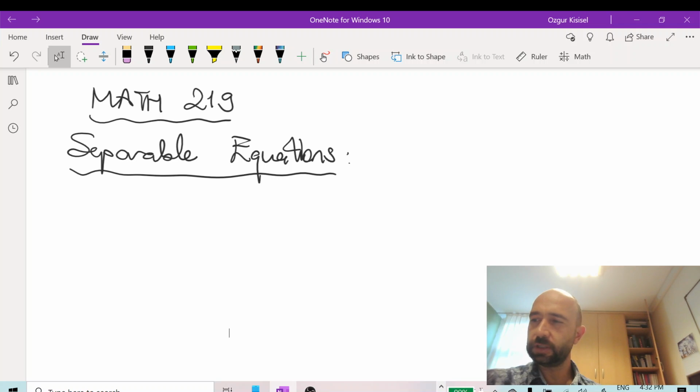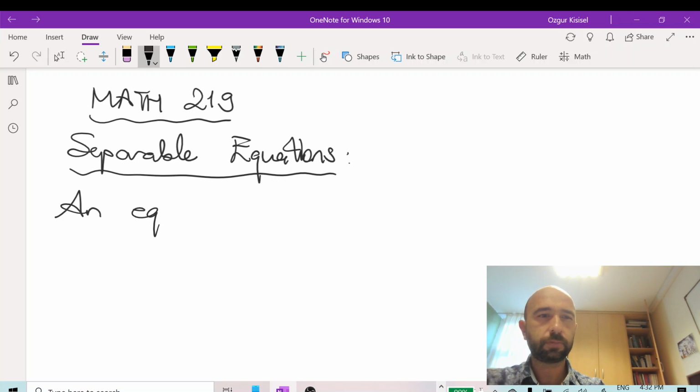And the first of these, which we can explicitly solve, is separable equations. So I'll try to make a definition.